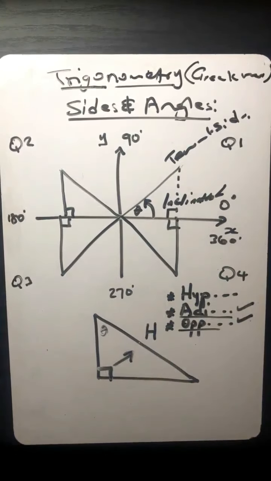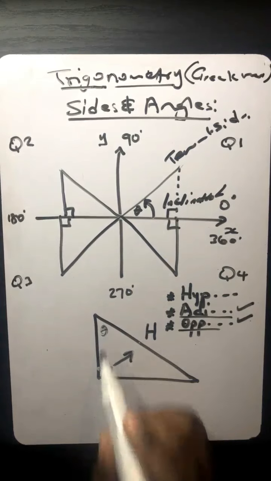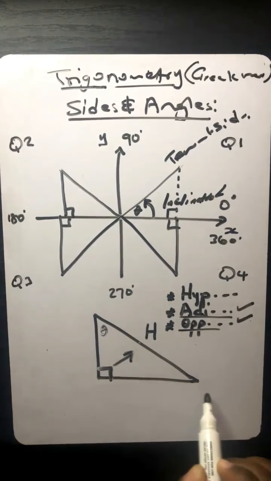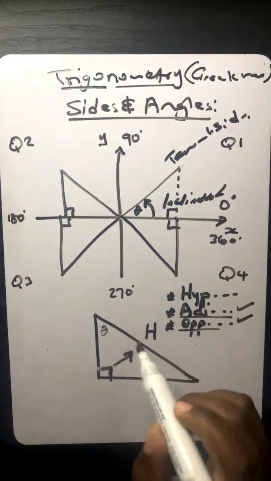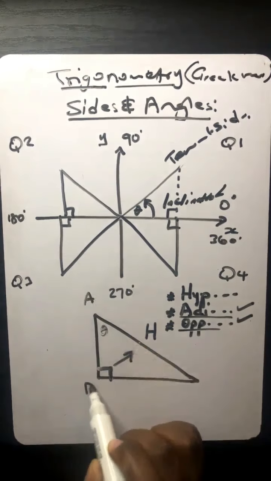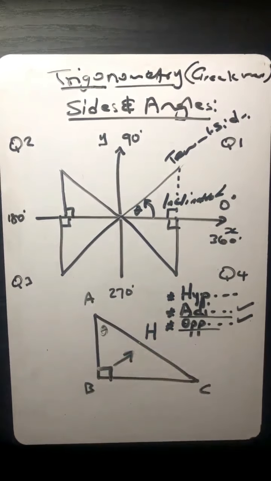Can you see that if I put an angle there, this is no longer adjacent? It's going to be the opposite. 100%, which means adjacent is always next to the angle. The side which we call adjacent is the one next to the angle. So let's say I've got A, B, and C. Which side is next to the angle?